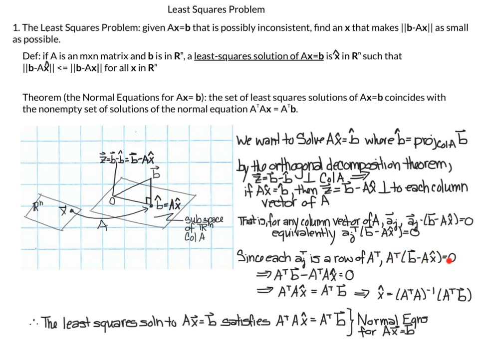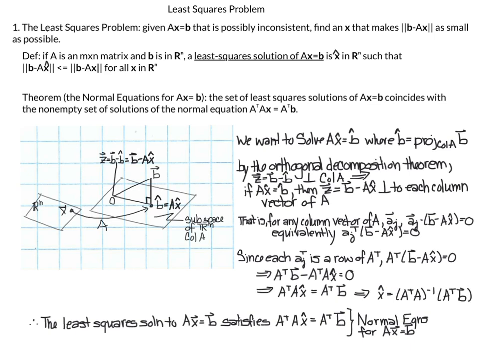So now we have this matrix equation. We can solve that. We get the normal equations: A transpose A X hat equals A transpose B. And then we can solve for X hat, multiplying each side by the inverse of A transpose A, and we get X hat equals (A transpose A) inverse times A transpose B.